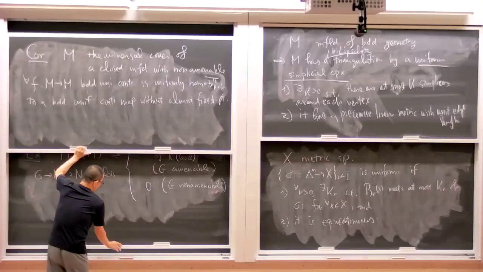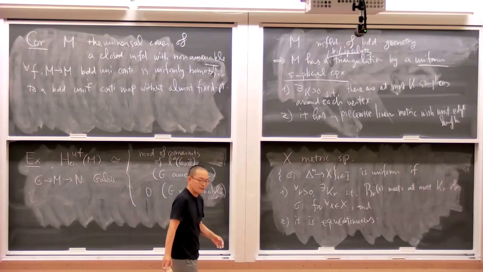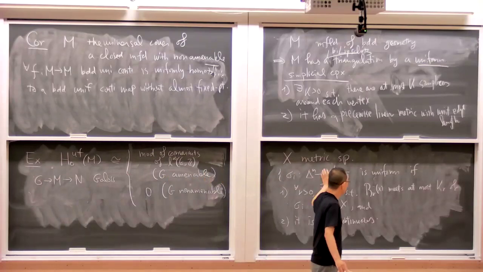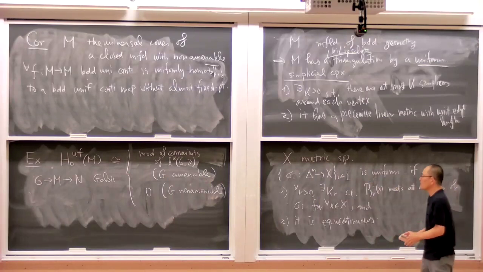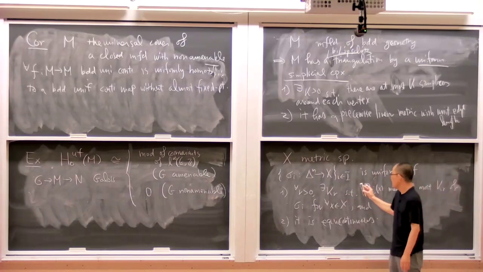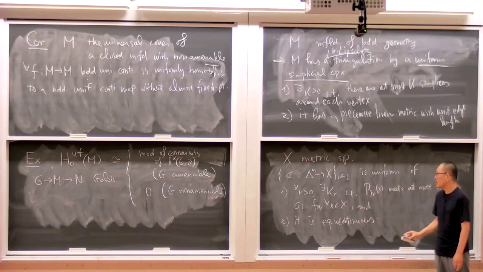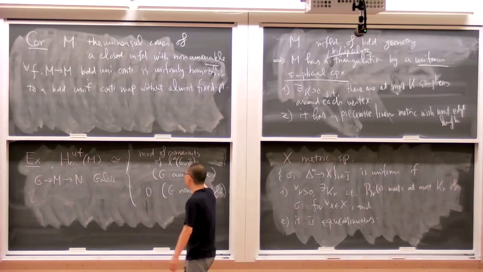And we define a uniform n-cochain on X to be an n-cochain which has bounded image on every uniform family of n-simplices.